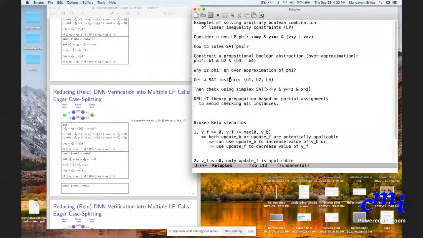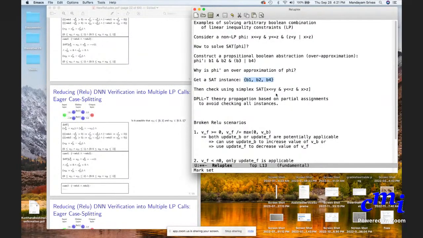Now, you can ask the question, since you can always throw this problem at Z3, what does Z3 do? This is something I've only shown you in a picture, like DPLL-T. One thing is getting full satisfying instances like this, and then separately checking each of them.